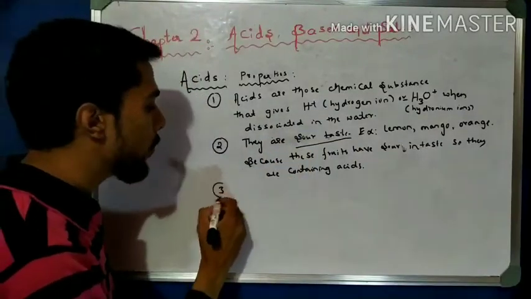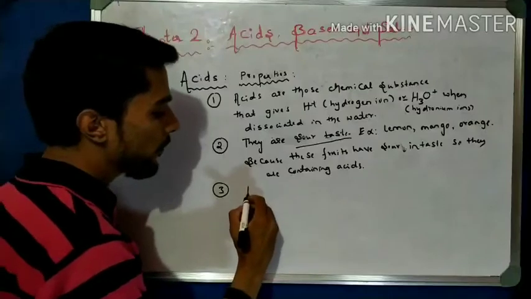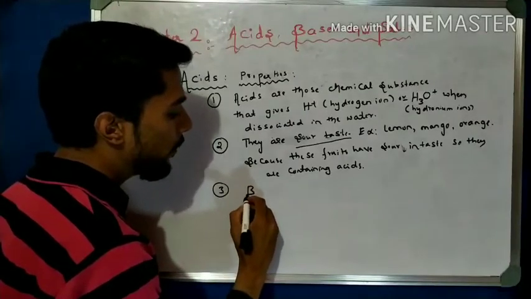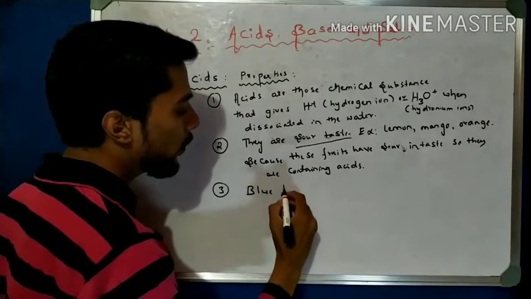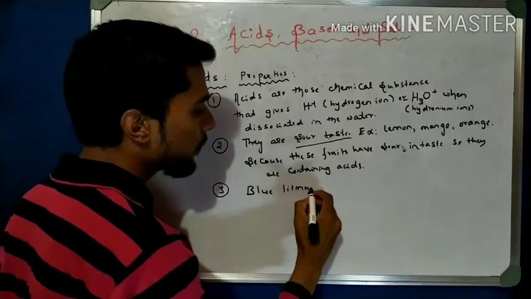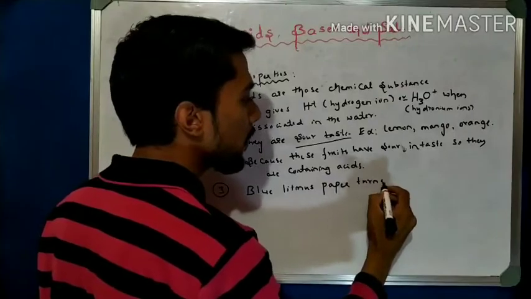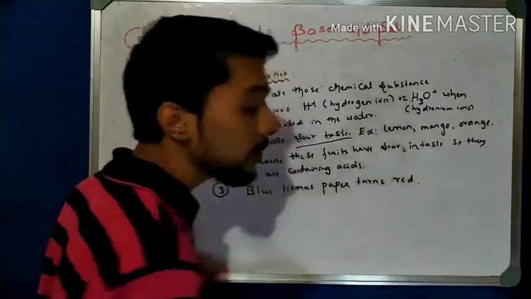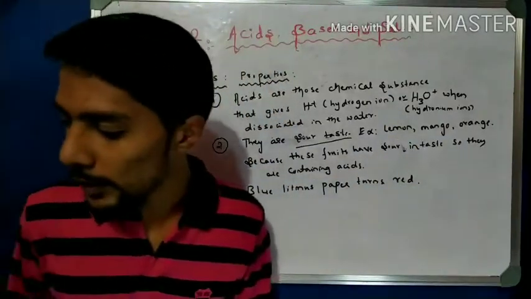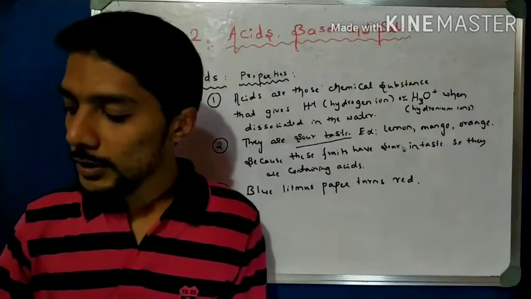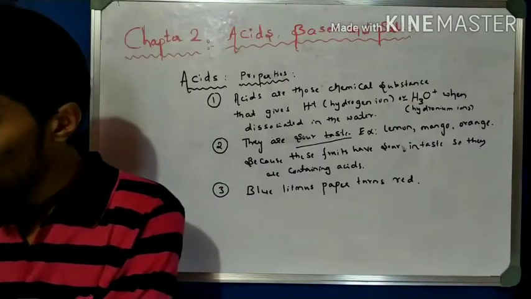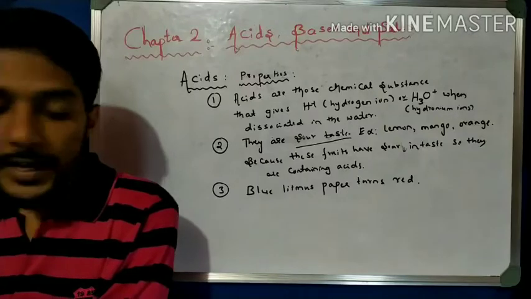The third very important point is about litmus paper: blue litmus paper turns red. I show you the litmus paper here, I write here blue litmus paper.